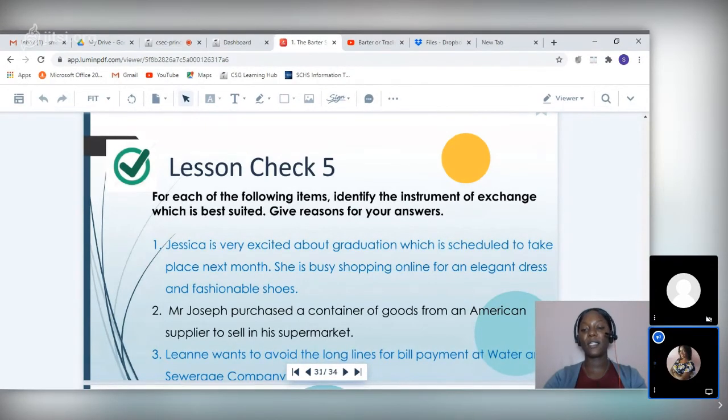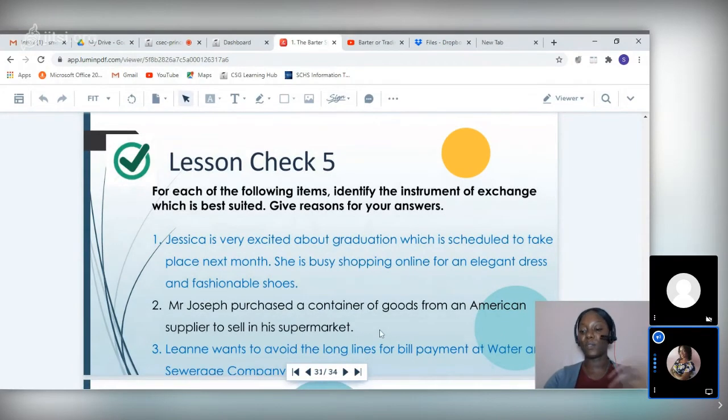And the second one: Mr. Joseph purchased a container of goods from an American supplier to sell in his supermarket. What instrument of exchange can he use to make payments overseas? Debit card, credit card. He can use a credit card, but if he purchased a container of goods, I'm thinking that's a large purchase, an entire container.